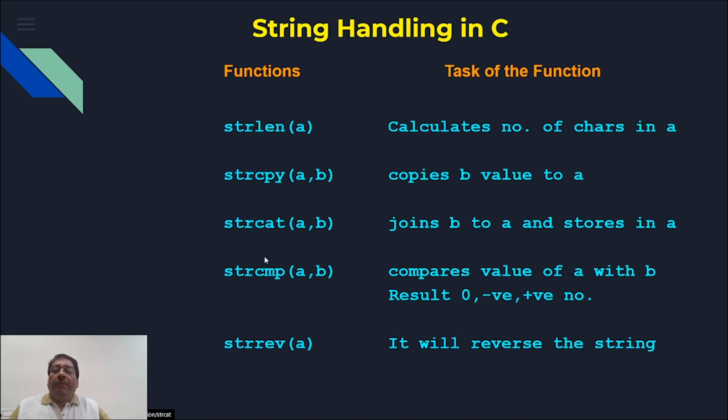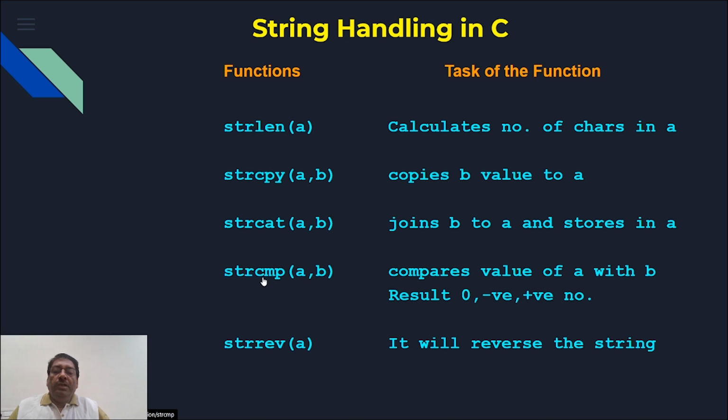Similarly, you have strcmp. This is to say string compare a comma b. Here comparison of the string will not happen with the help of the length of the string. It will happen with the help of alphabetical order.